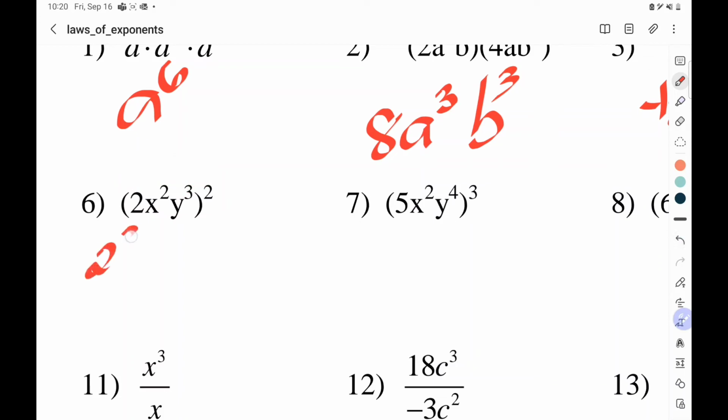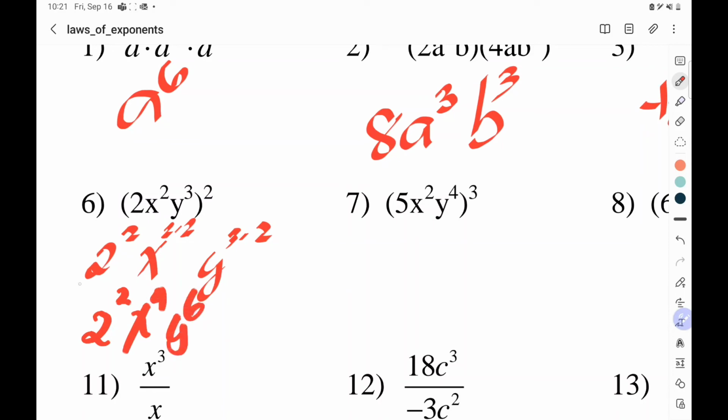We have 2 squared, x squared times 2, and y cubed times 2. So the answer would be 2 squared x to the power of 4, and y to the power of 6. That's our final answer there.